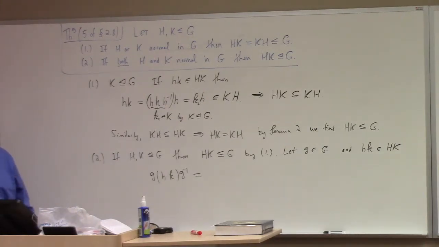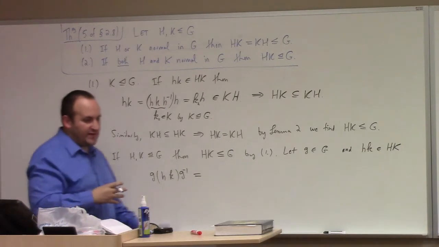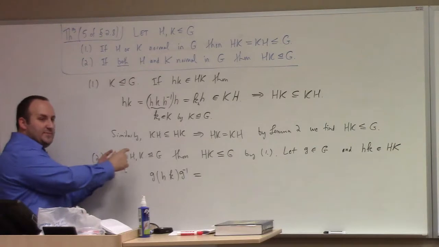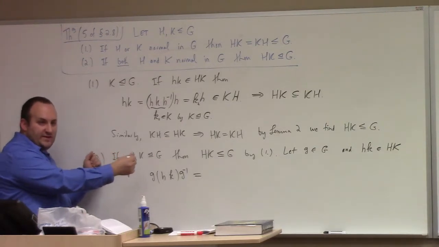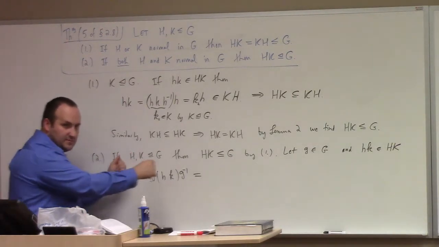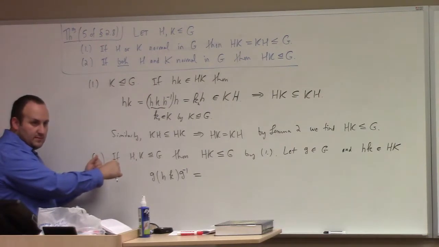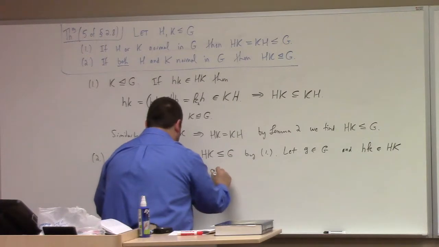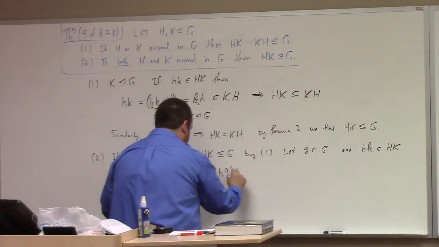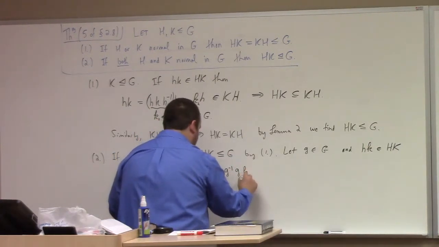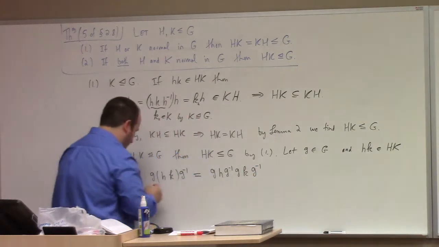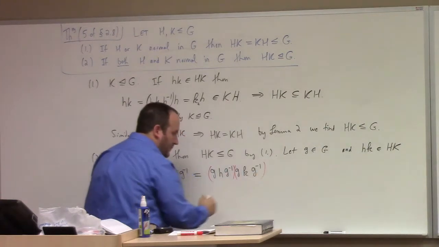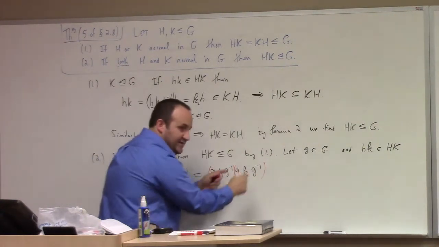You can also see why you need normality of both H and K here. I know that H and K both conjugate back to themselves again, that's normality. Can you multiply by g inverse inside? Yes, exactly. I'm going to make it a g inverse g. Then we've got conjugation of an h element and conjugation of a k element.